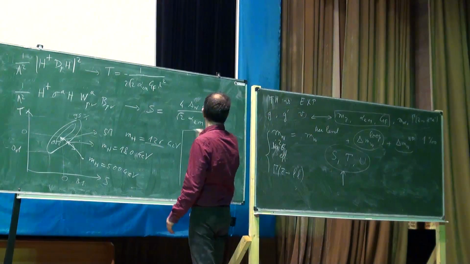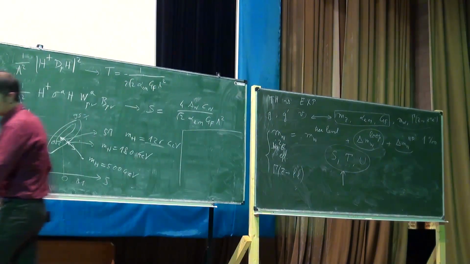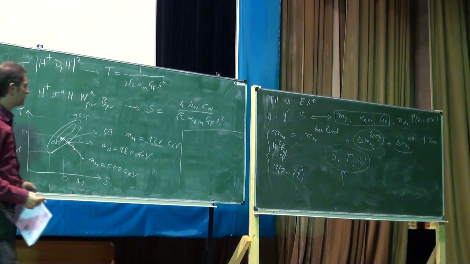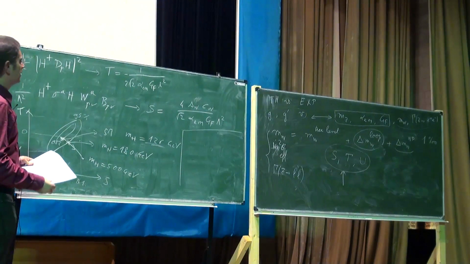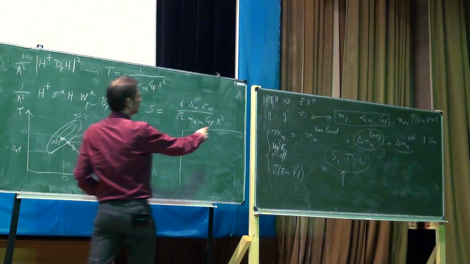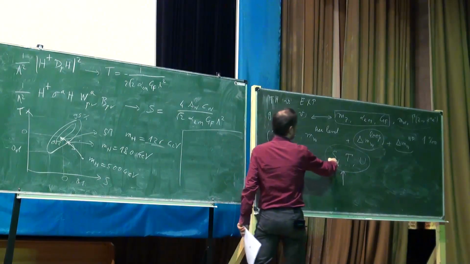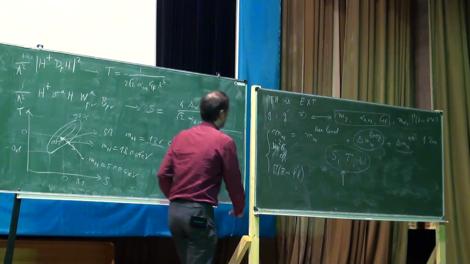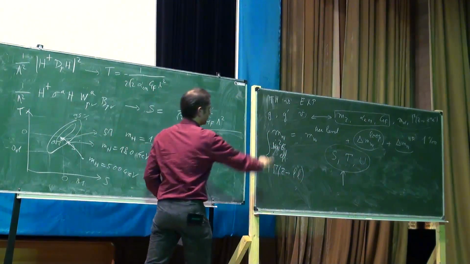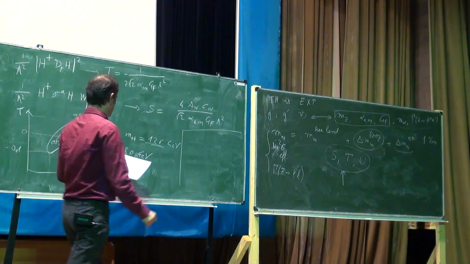So actually you can estimate, there is some formula first derived by Peskin and Takeuchi, for example, that gives you the approximate contribution of a large Higgs boson to S and T. For some reason that I will tell you in a moment, you can totally neglect U actually.